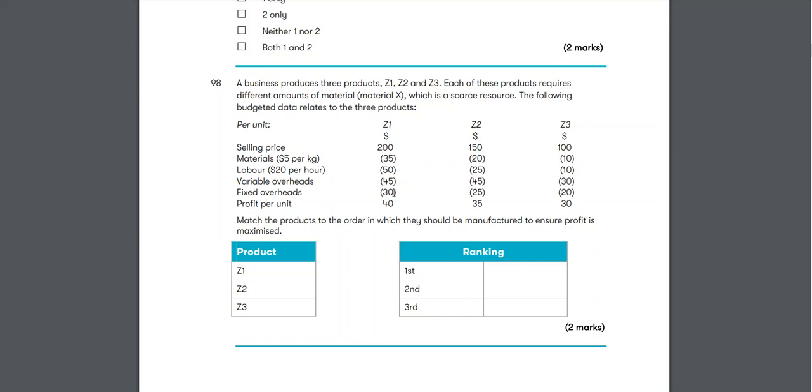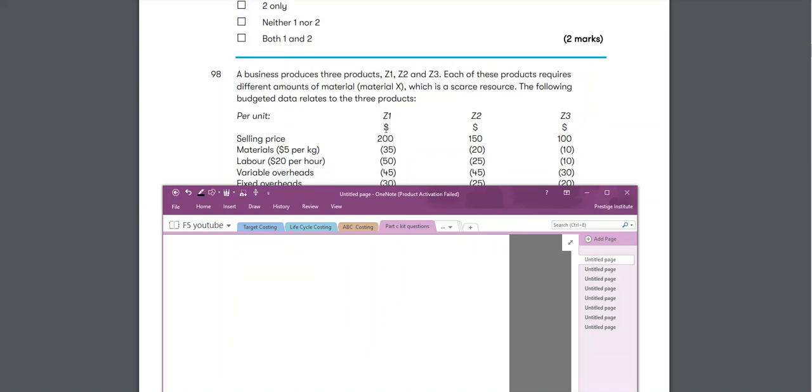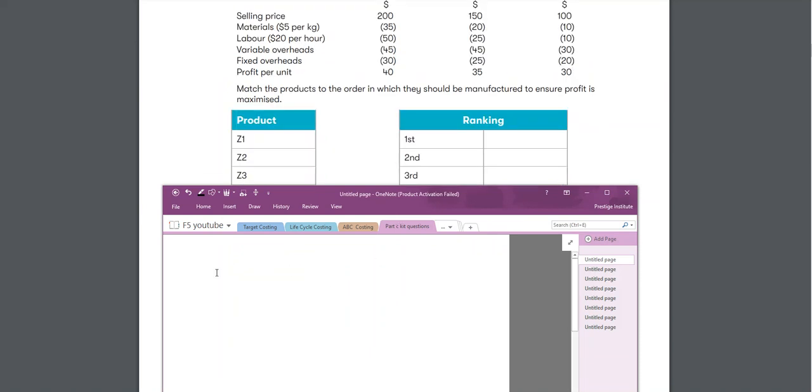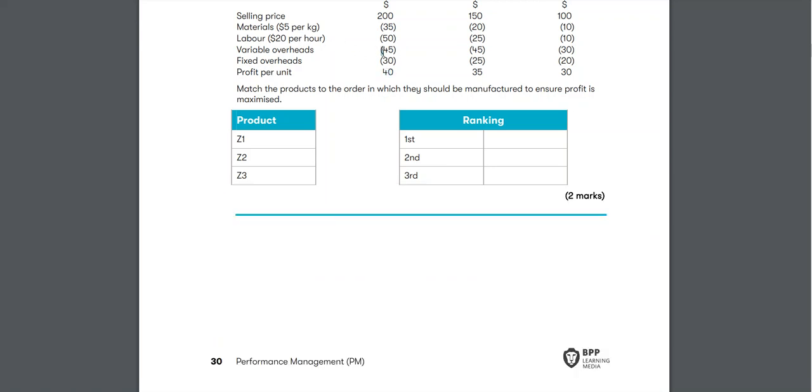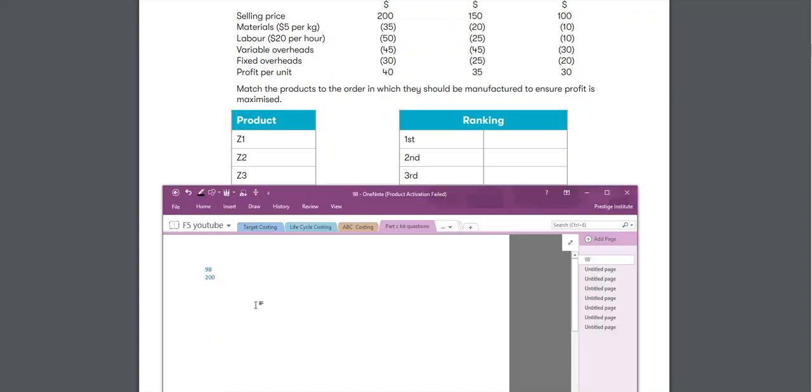Okay, so remember, we rank products based on the contribution per limiting factor, not just contribution per unit, but contribution per limiting factor. Okay, I believe the easiest thing to do is to take profit, add back the fixed cost, and it will give you contribution. Always a faster way of doing it.